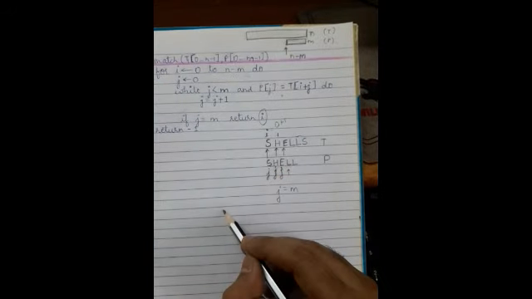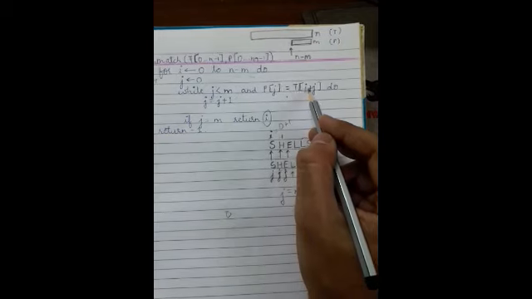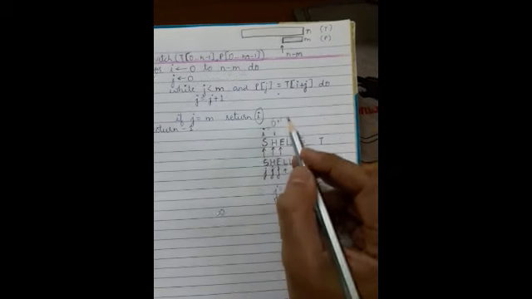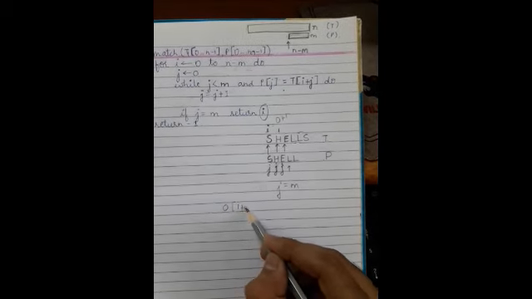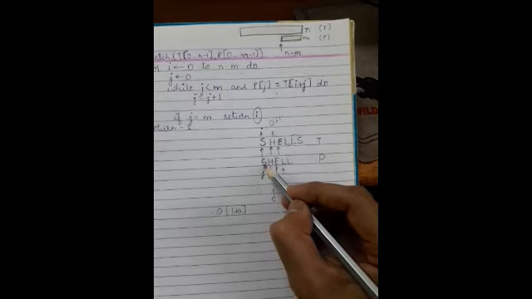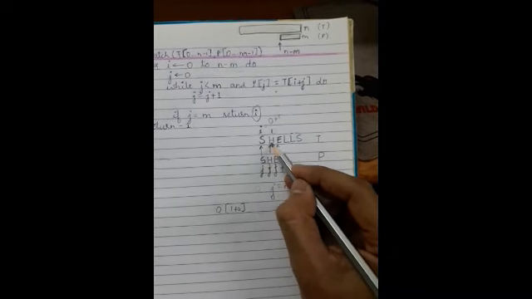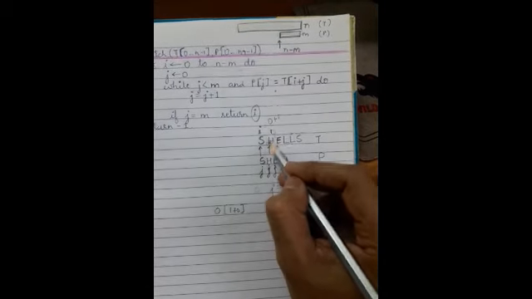So j value becomes 0, j less than m, condition is true, p of j is equal to t of i plus j. So what is i plus j? 1 plus 0 is this. So the first element of the pattern will be matched with the second element of the main string.